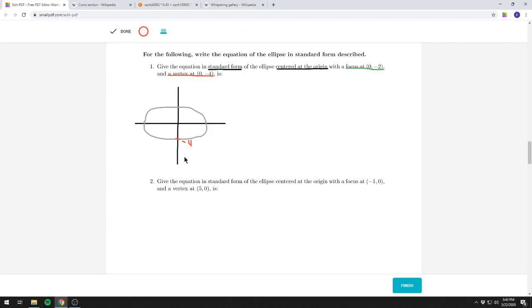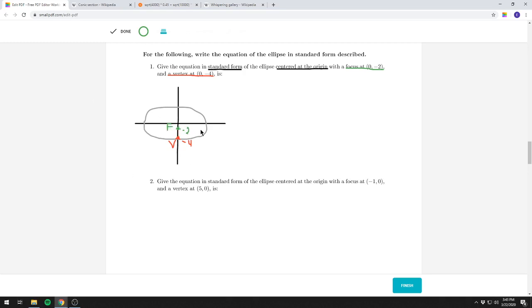I like to label things with names, so I'm going to write this as a V to know this is a vertex. And it has a focus at 0, -2, so a little down here, about halfway between -2, and that is a focus. I'll label that with F.